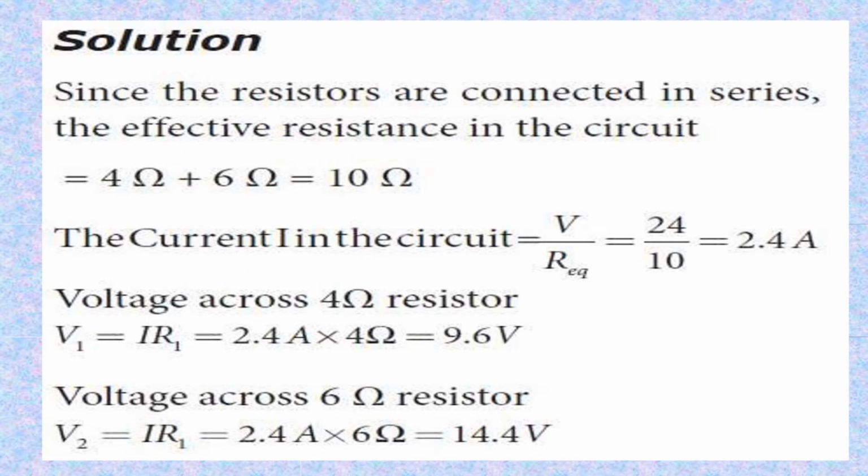So the voltage across the 4 ohm resistor would be V1 is equal to IR1, and we will put the values of I and R1 and we will get 9.6 volts. While the voltage across the 6 ohm resistor, V2 is equal to IR2, is equal to 2.4 amperes times 6 ohms. That would be equal to 14.4 volts.